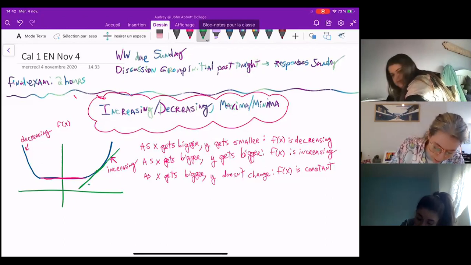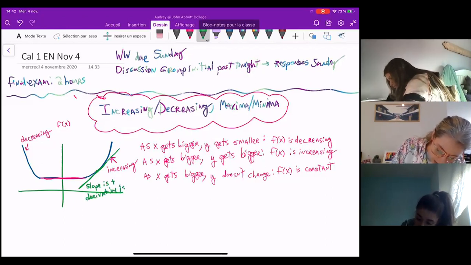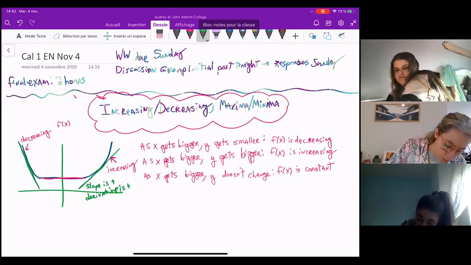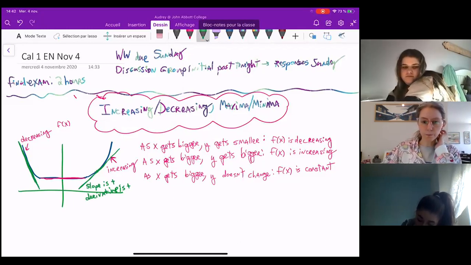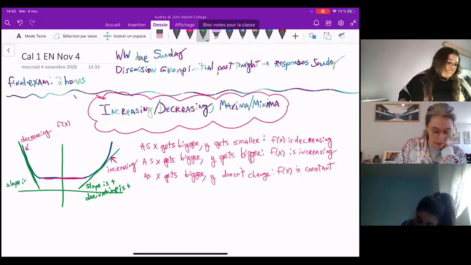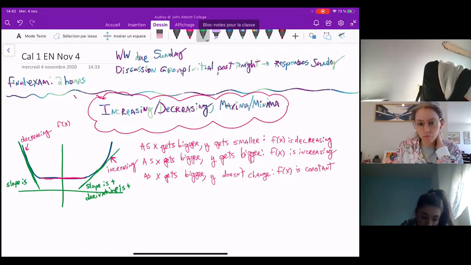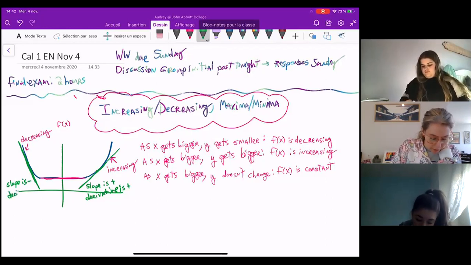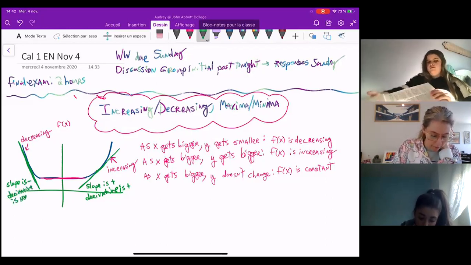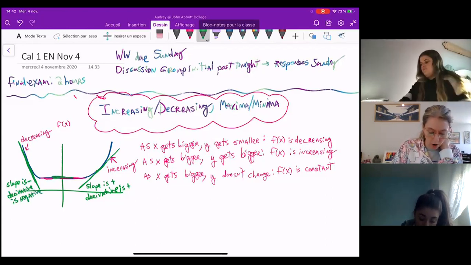So here my slope is positive, which means that my derivative is positive. What about where it's decreasing? If I were to draw a tangent line here, is the slope of that tangent line positive or negative? The slope is negative, which means that the derivative is negative.